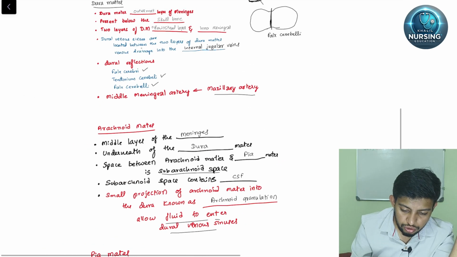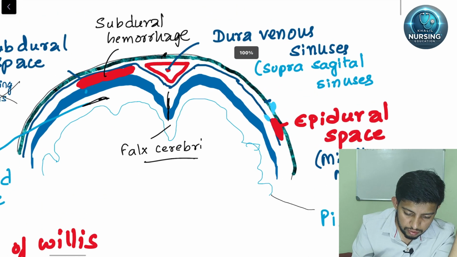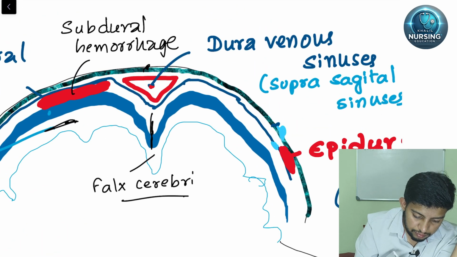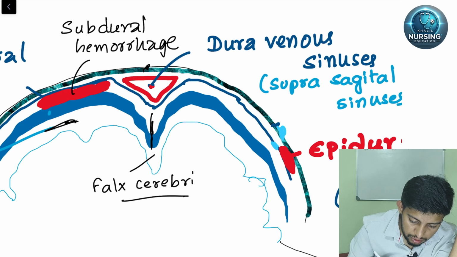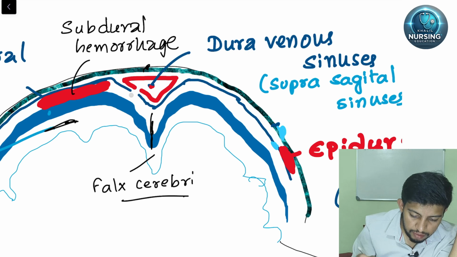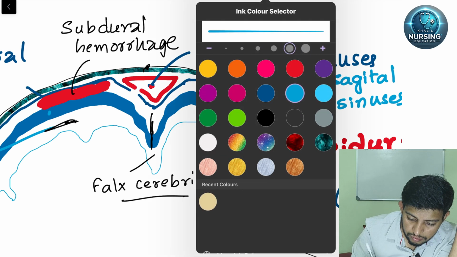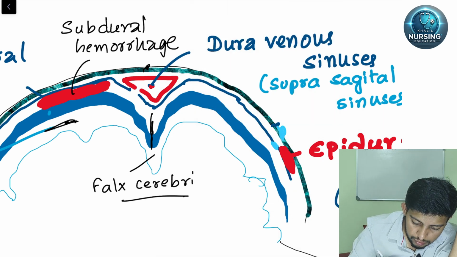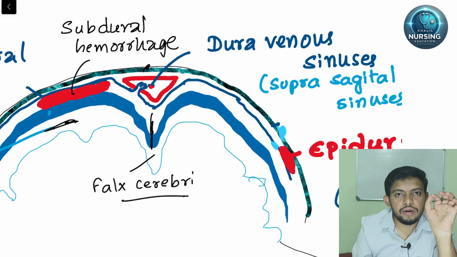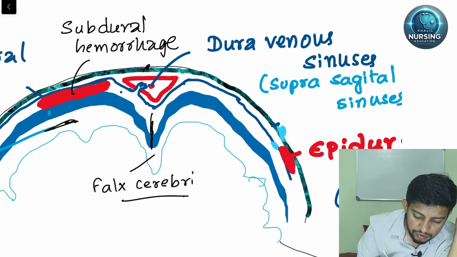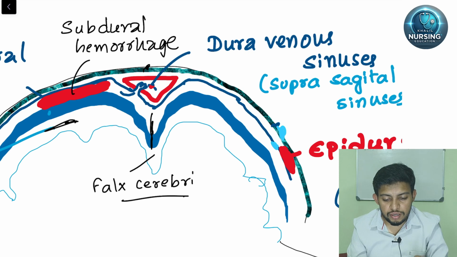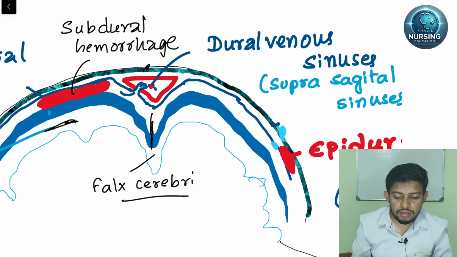I will show you here, this side. If it is entering like this, this one will be called arachnoid granulation, where the CSF drains to the dural venous sinuses.